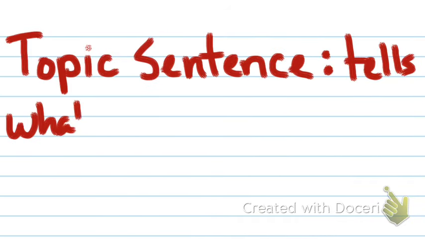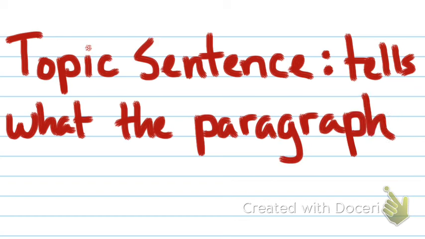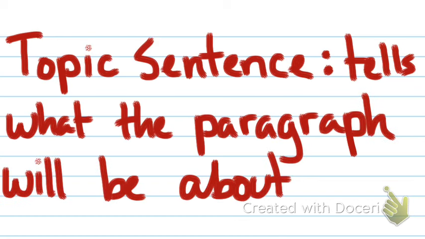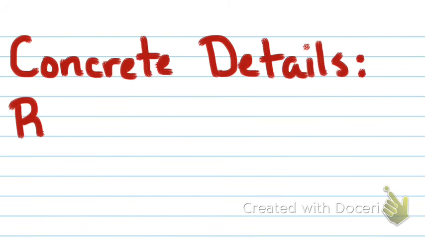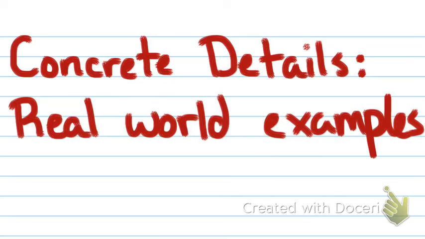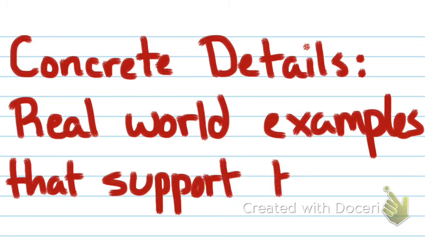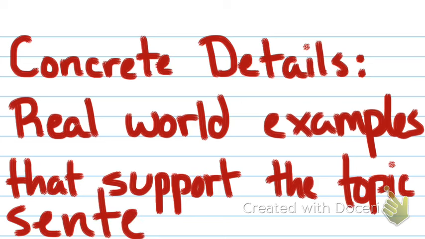So your topic sentence tells what the paragraph is going to be about, and it has to support your thesis statement, which is in your introduction. Your concrete details are real-world examples that support your topic sentence.